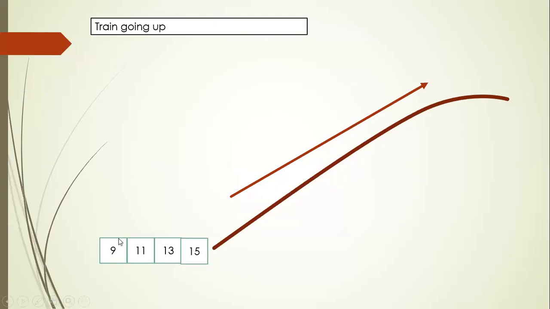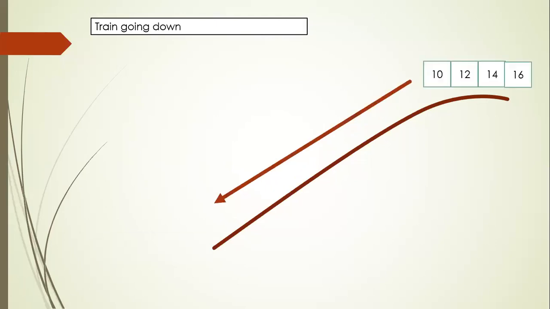There are 480 different seats available each time the train is going up or down, except when going down, for the last time interval, that is at 16 hours, it's going to be 640 different seats. So the train is going to come down at time 10, 12, 14, and 16.